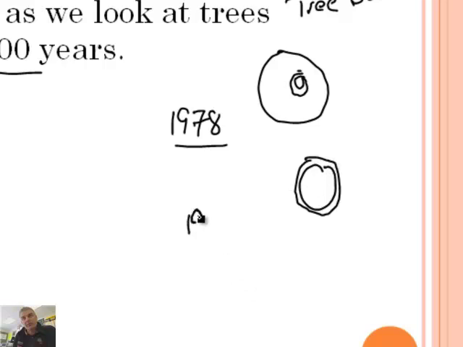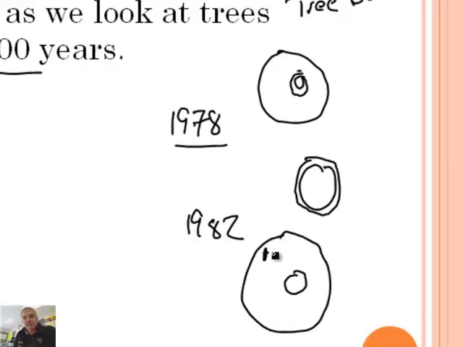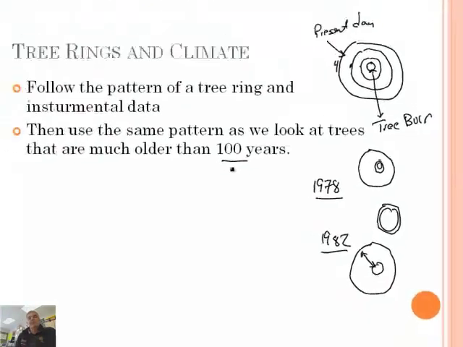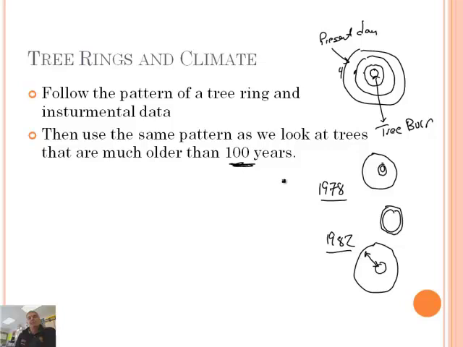But let's say that in 1982 we know it was a very wet year, and so there's a big gap between tree rings for 1982. So we can extrapolate the amount of moisture there. The interesting thing is that it checks with our 100 years of instrumental data. The cool thing about trees is that many of them are older than 100 years old, and then we can extrapolate back further.